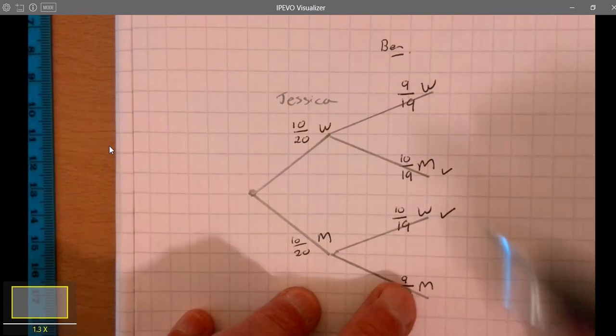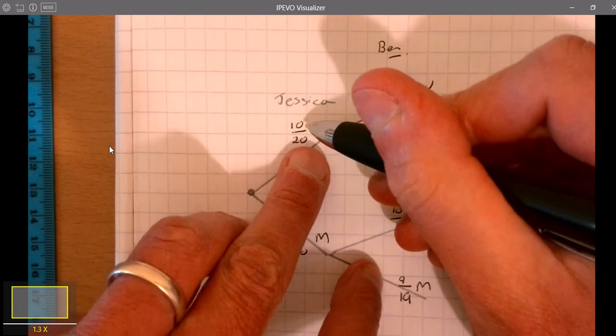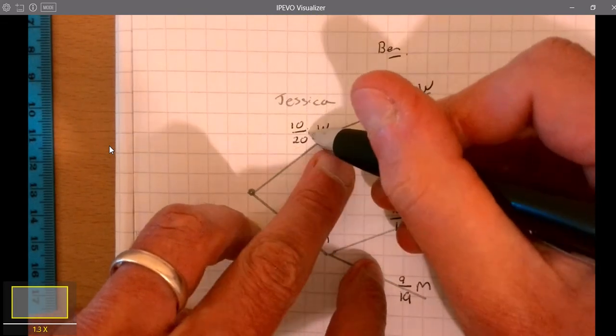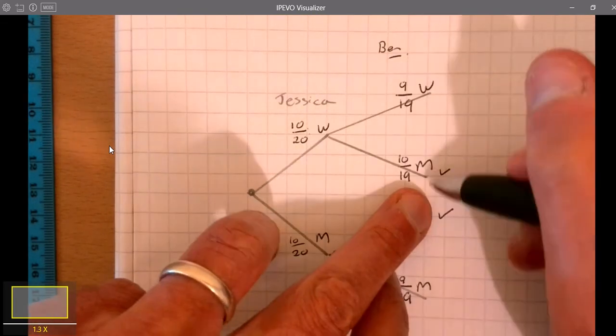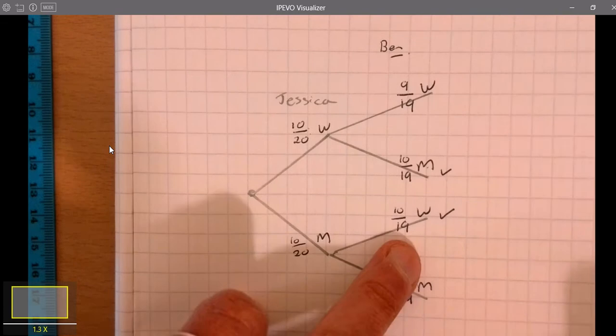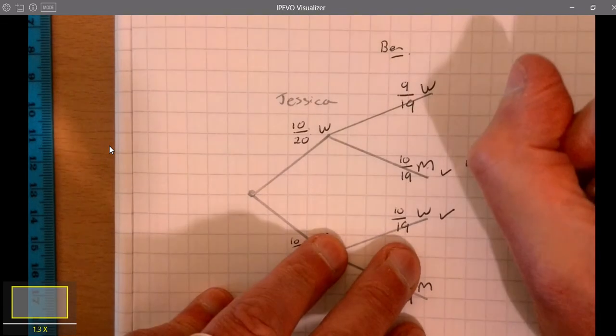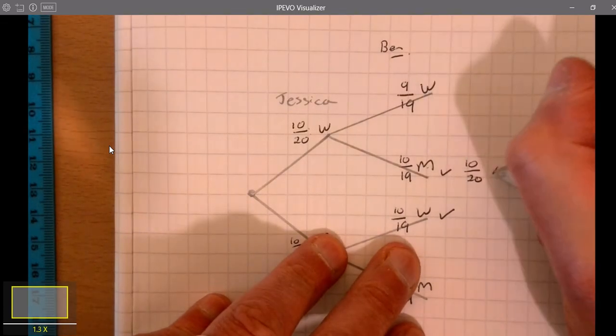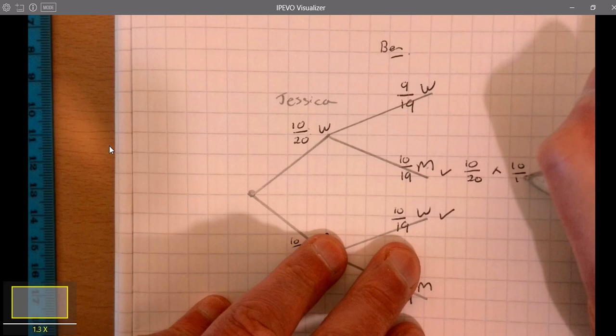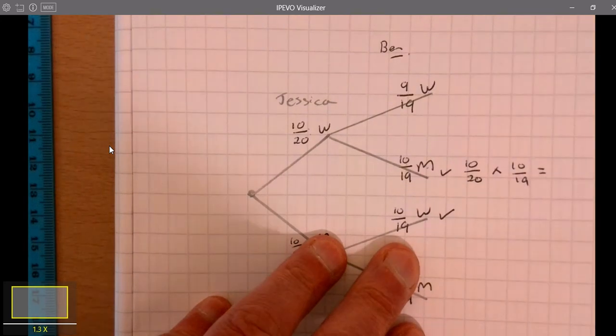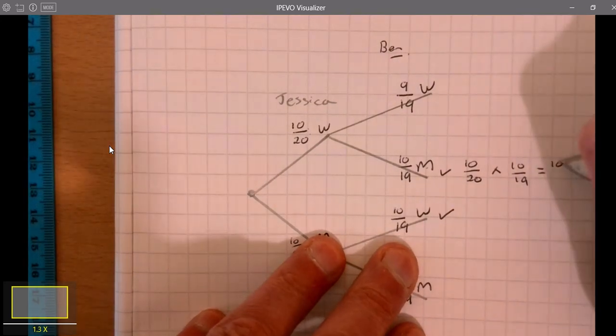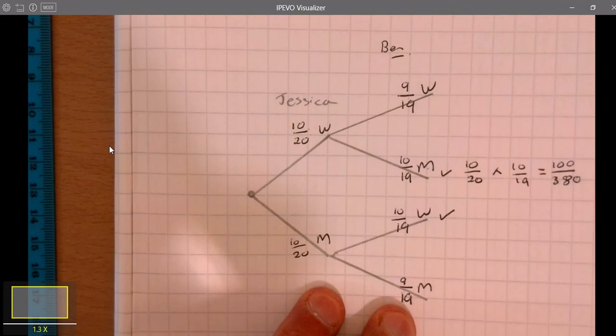So Jessica white chocolate, Ben milk chocolate, and then it can be the other way around as well. Remember, that's 10 over 20 multiplied by 10 over 19, which equals 100 over 380.